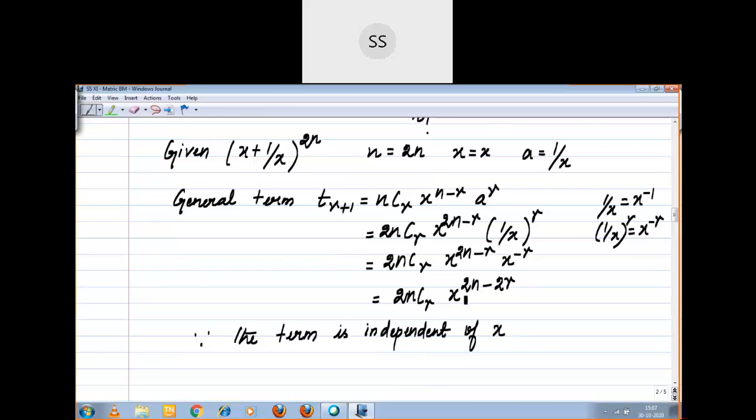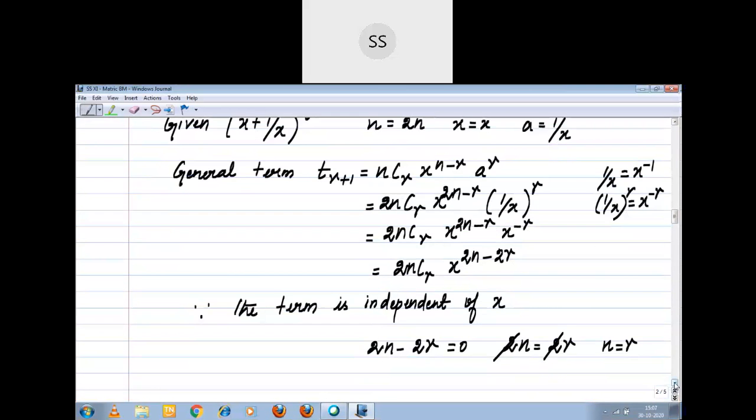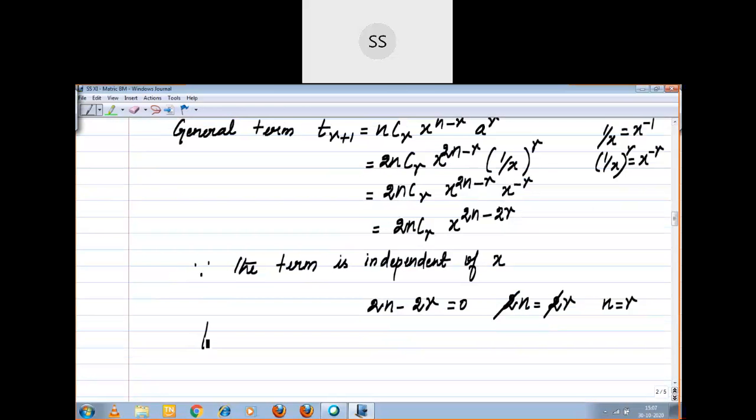Since the term is independent of x, you are going to equate the power of x, that is x power 2n minus 2r, to 0, right? Independent of x is nothing but x to the power 0. So you are going to equate the powers of x.